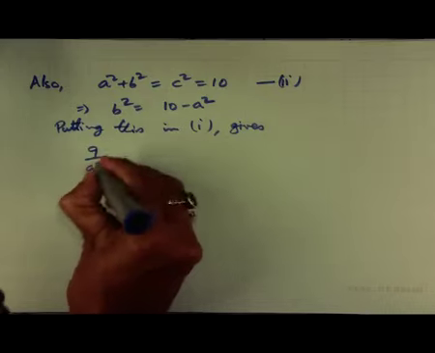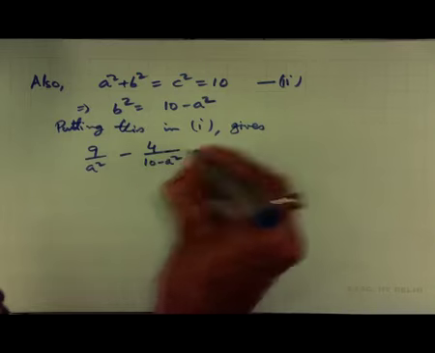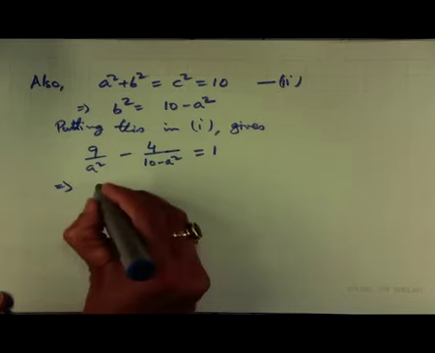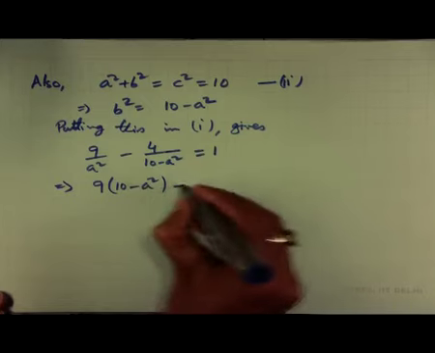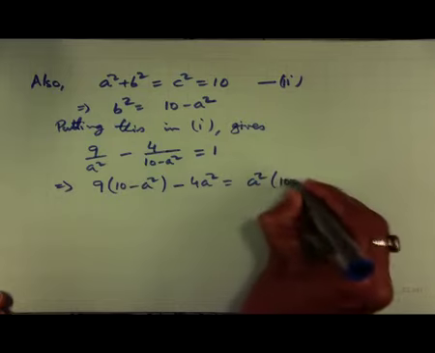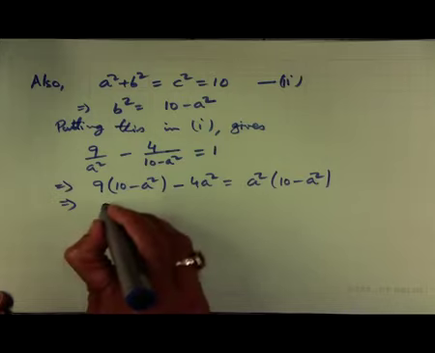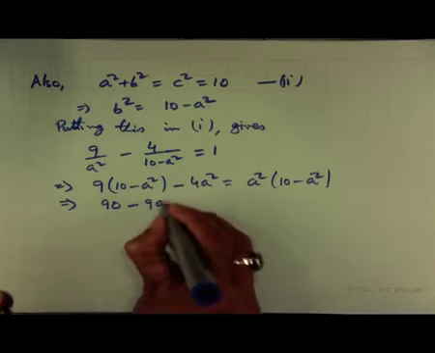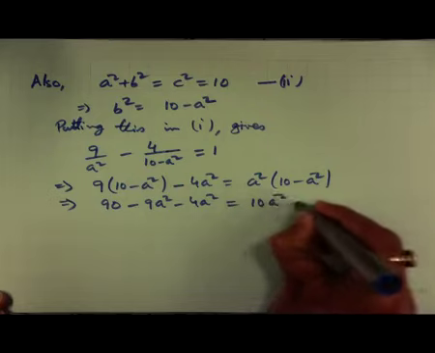9 by a square minus 4 by (10 minus a square) equal to 1, which implies 9 times (10 minus a square) minus 4 a square equal to a square times (10 minus a square), which implies 90 minus 9 a square minus 4 a square equal to 10 a square minus a to the 4.